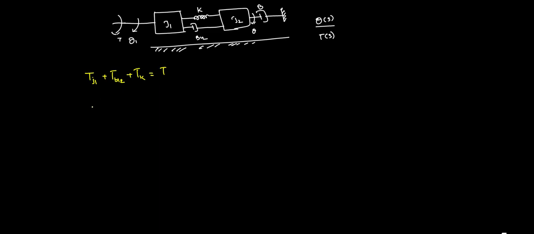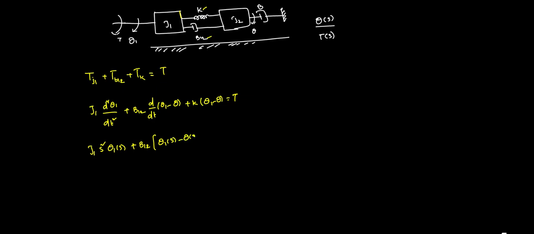That is, J1 d square theta 1 by dt square plus B12 d by dt of theta 1 minus theta plus, because this is sandwiched, K and B12 are in between J1 and J2, that's why I'm writing K into theta 1 minus theta is equal to T. So taking the Laplace transform, J1 s square theta 1 of s plus B12 s into theta 1 of s minus theta of s plus K into theta 1 of s minus theta of s is equal to T of s.